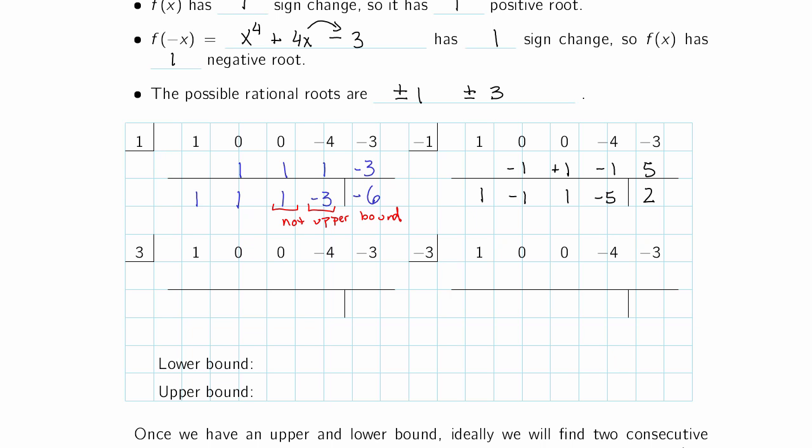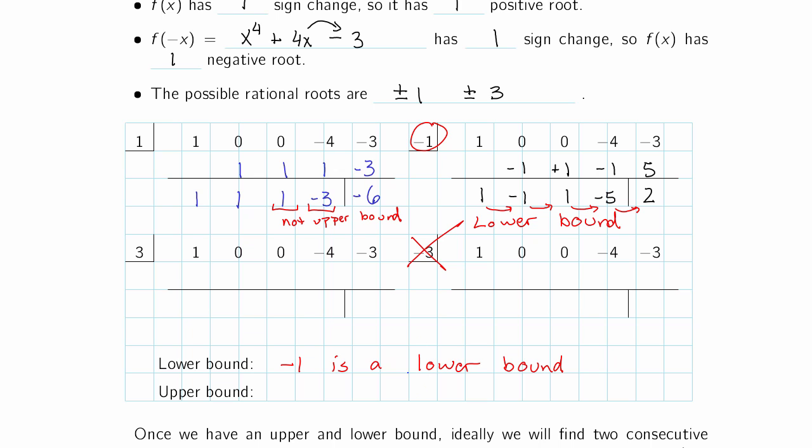So that's not a 0, but notice these signs alternate, and this is negative. So this is a lower bound. There are no roots less than negative 1, which means 1, we've already established a lower bound on our roots, and 2, we don't have to try negative 3.